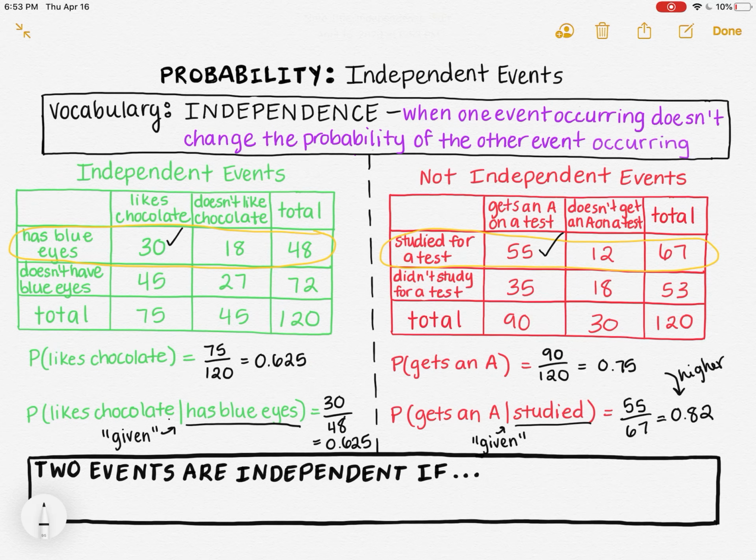So we can confirm that two events are independent if the probability that event A occurs is equal to the probability that event A given B occurs. So we know two events are independent if the probability that one event occurs is the same even when there's a given condition.